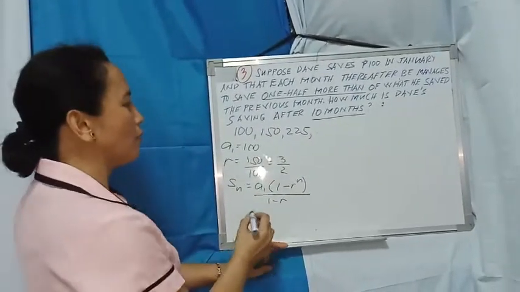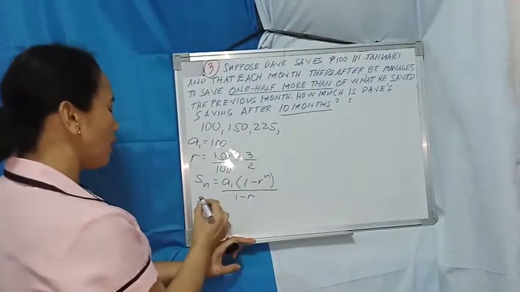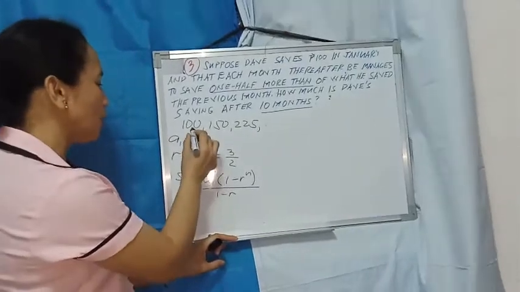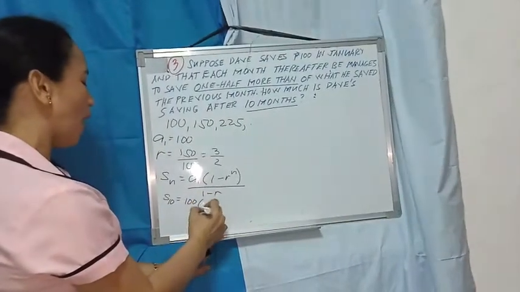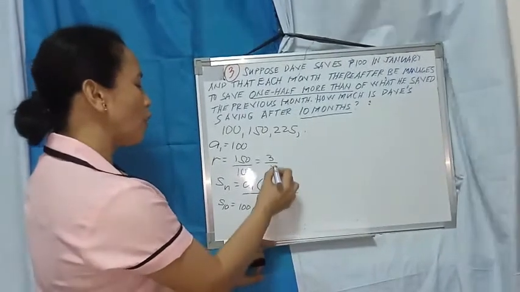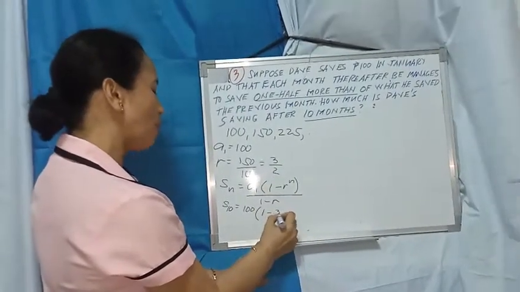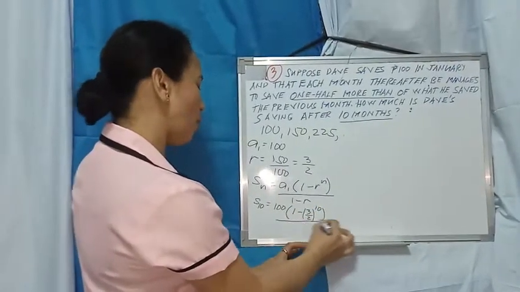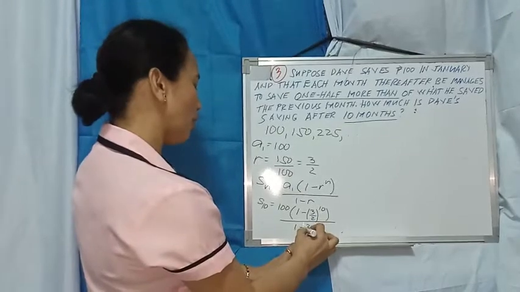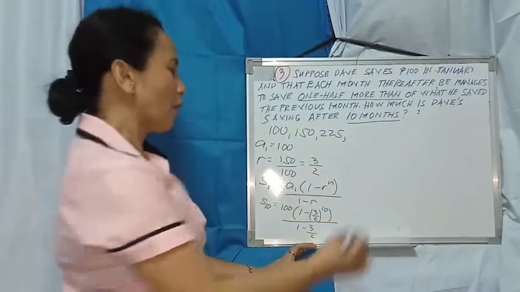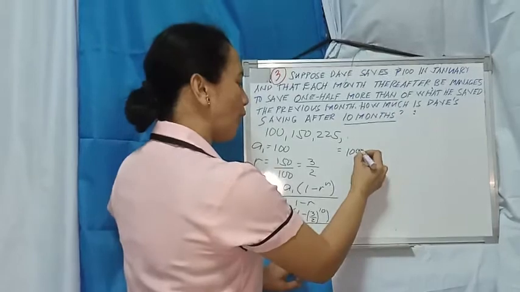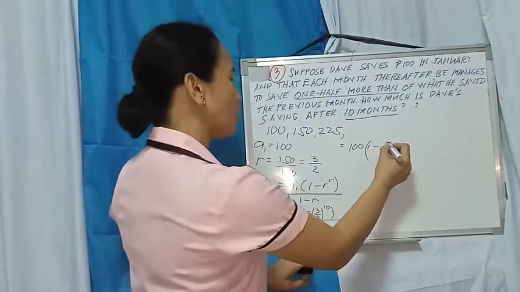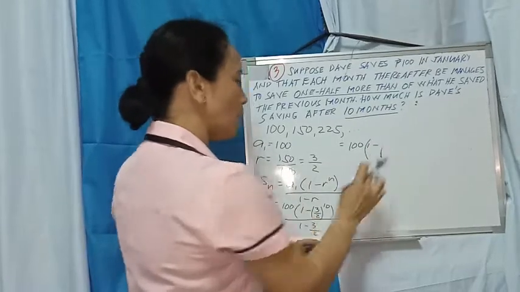Substituting the given value, 10 months, we write here S sub 10 is equivalent to a sub 1, which is 100, times 1 minus common ratio 3/2, raised to the 10th power, and then all over 1 minus 3/2. Then copy again 100 times the quantity 1 minus again 3/2 to the 10th power.